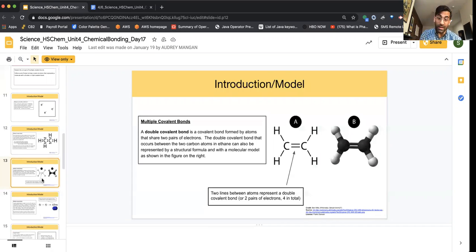However, every line in between hydrogen and carbon and the 2 lines between carbon and carbon, each one of those represents a bond pair. So think of each one of those as 2 electrons. I'm going to draw one on there like that just to show you what I mean. So you can imagine there's an electron right here for hydrogen and 1 for carbon.